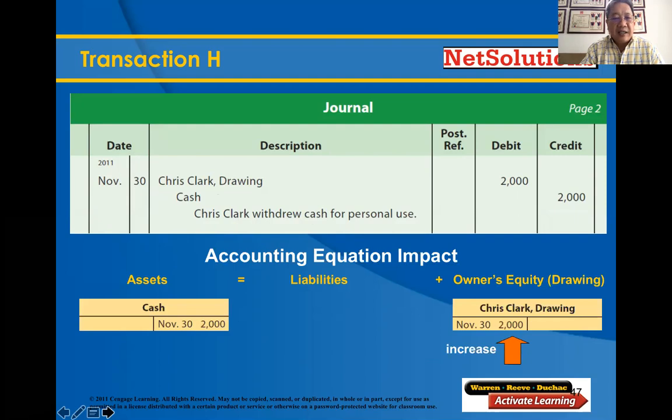Decrease in asset and increase in drawing, which is a decrease in owner's equity. Kasi ang owner's equity ay credit balance. Normal balance yan. Di ba? Nag-withdraw ka ng cash para sa personal mong gamit. Ibig sabihin nabawasan ang kapital mo. So, debit ang drawing.